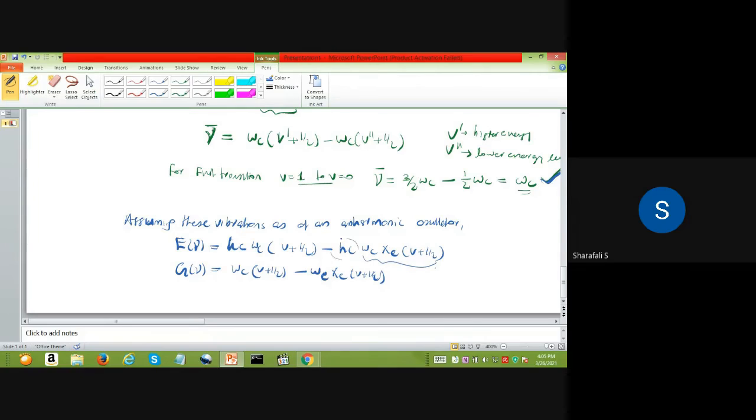This hc is nothing but a multiplier: whatever we have in wave number, multiply that with hc and you get energy. That is as simple as that. So this is the energy in terms of wave number, considering the molecule as an anharmonic oscillator. This term is additional in the case of anharmonic vibrations.